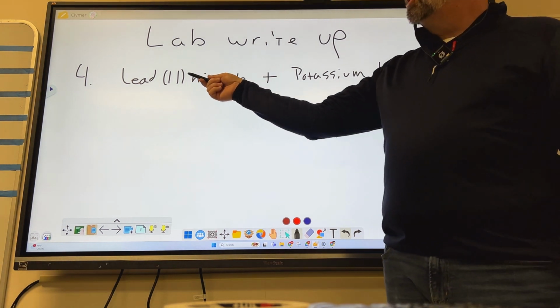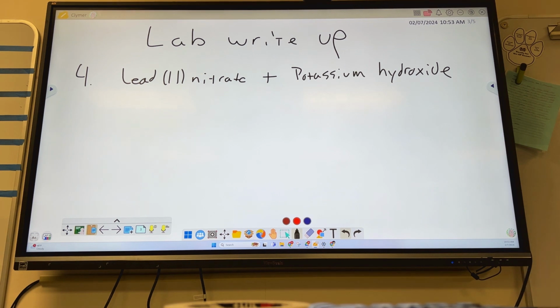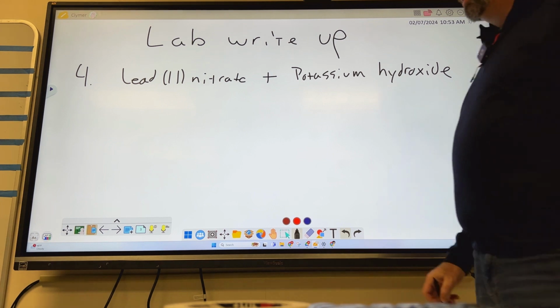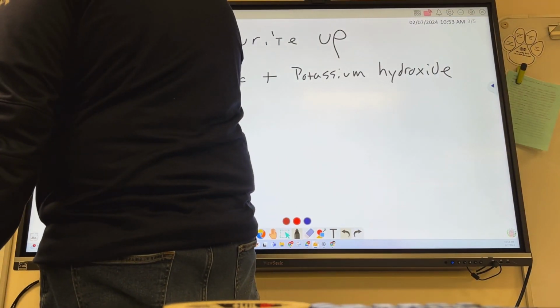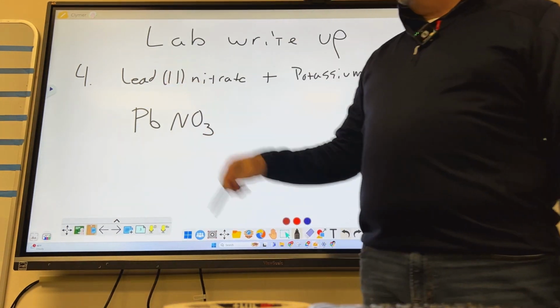So now we have to change this into the actual formula. Now this was written on all the bottles in the lab yesterday. Some of you may or may not have figured that out. But right now we have to turn lead 2 nitrate into the formula for lead 2 nitrate. How do we do that? Pb, NO3. What's the charge on lead 2?